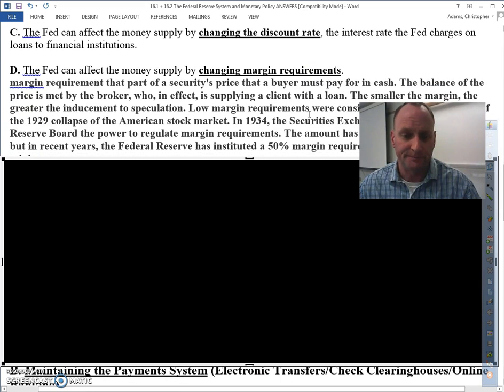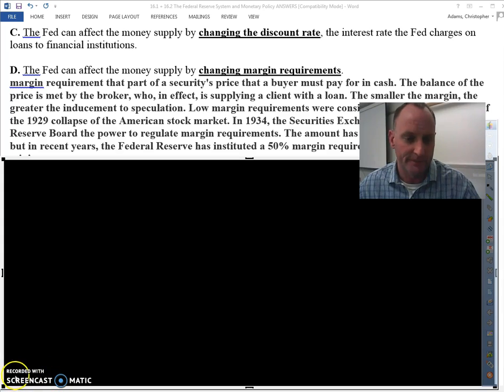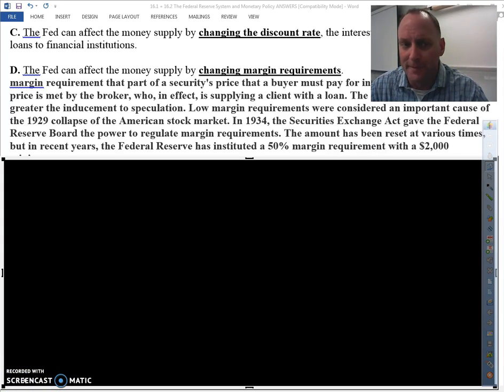Now the next one is changing margin requirements. I don't know if you remember in an earlier lecture, but we talked about in the 20s, you could borrow up to 90% of the value of a stock. So that meant if a stock was $100 a share, you would only have to pay $10 for it.